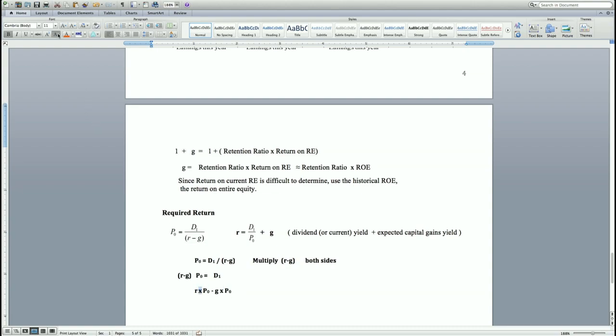R times P0 minus G times P0, just to distribute or open this bracket. And it equals D1.